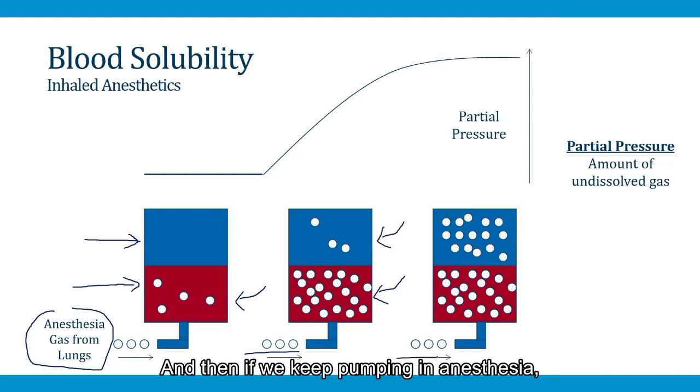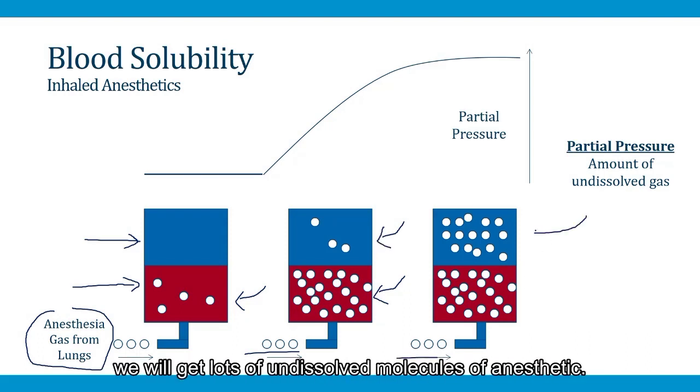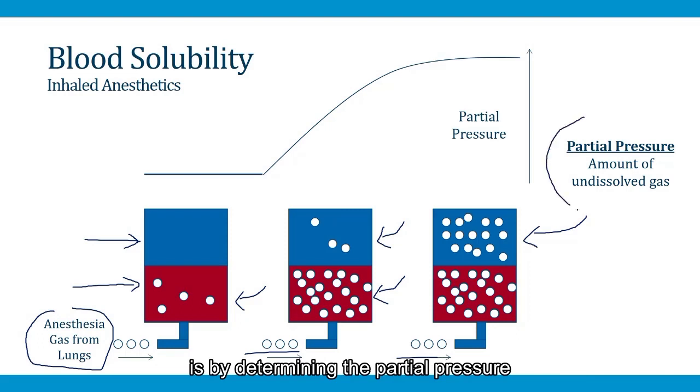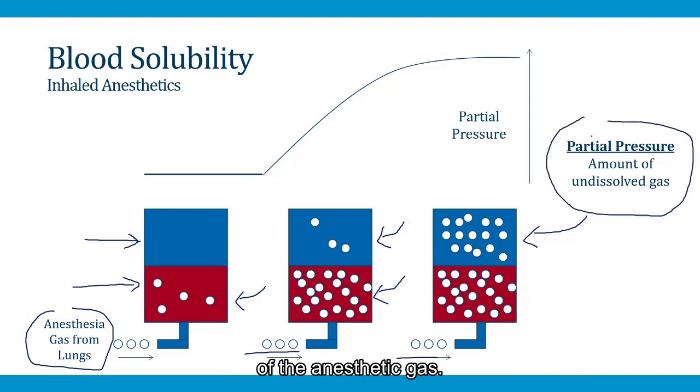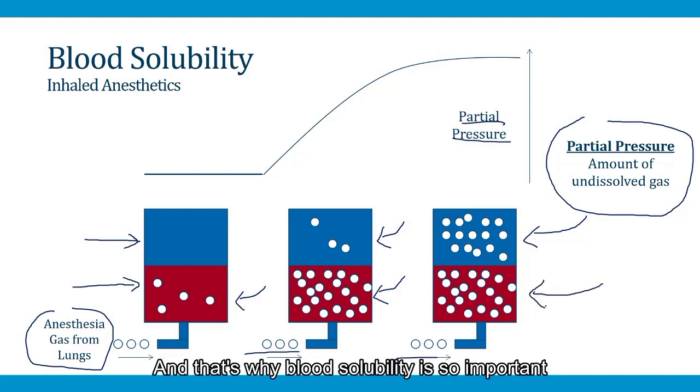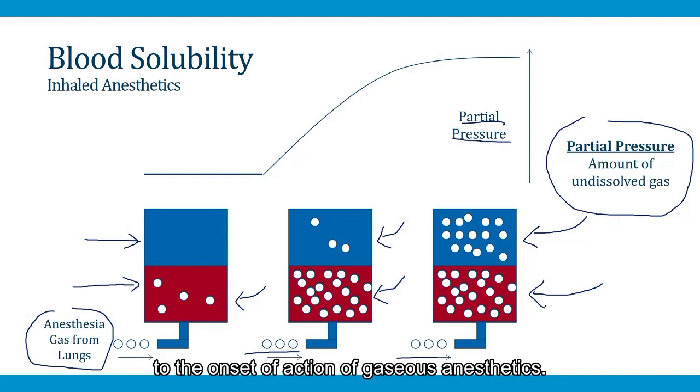And then if we keep pumping in anesthesia, we will get lots of undissolved molecules of anesthetic. The way we measure the undissolved gas molecules is by determining the partial pressure of the anesthetic gas. And so the partial pressure is only going to really begin to rise once you've fully saturated the blood. And that's why blood solubility is so important to the onset of action of gaseous anesthetics.